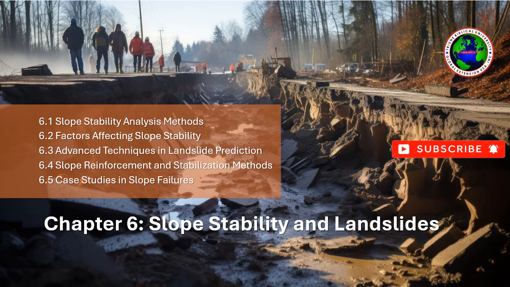6.1.6 Empirical methods. In some cases, empirical methods may be used to estimate slope stability, especially in situations where detailed data or complex analysis is not available. These methods are often based on historical data or simplified assumptions.